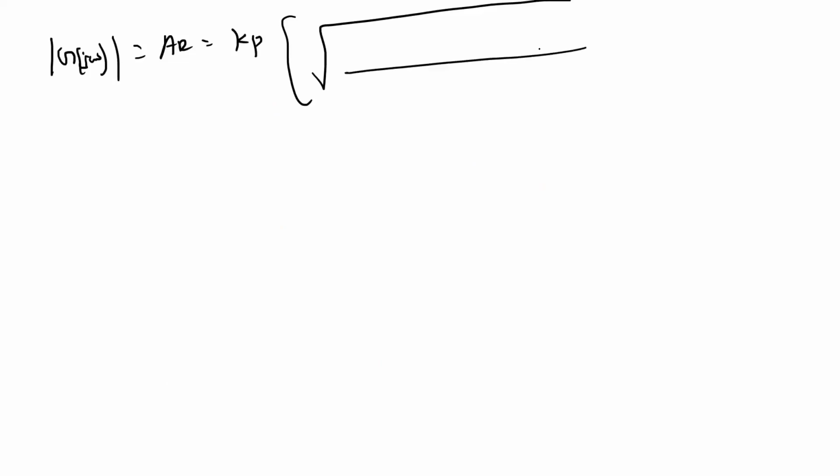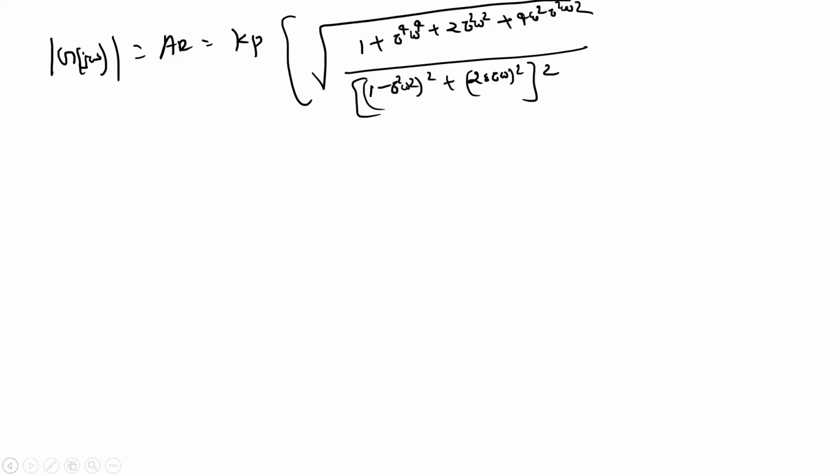So that is equals to 1 minus tau square omega square whole square plus 2 zeta tau omega whole square, and that is your whole square, plus 1 plus tau 4 omega 4 plus 2 tau square omega square plus 4 zeta square tau square omega square. Definitely you will be getting this kind of bulky mathematics. So you have to understand these things.